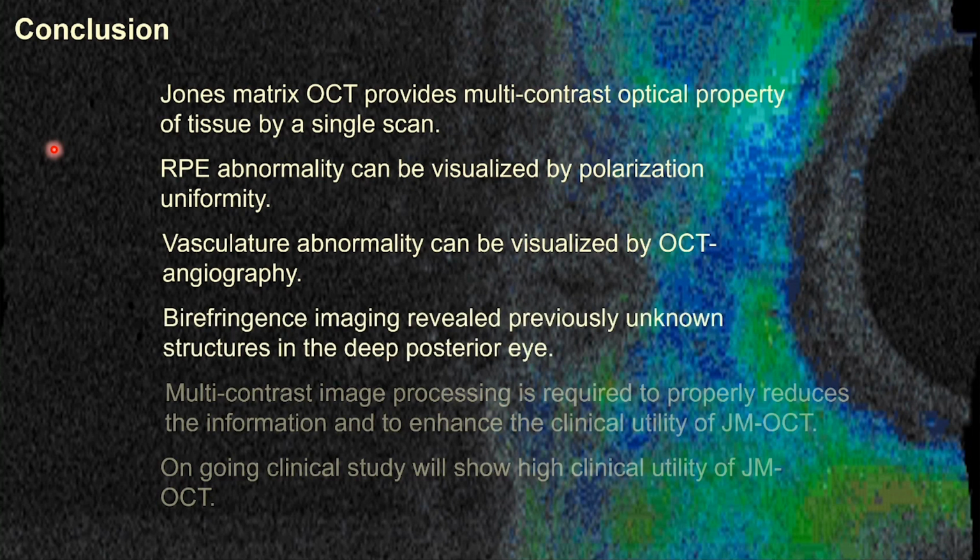Birefringence imaging can reveal previously unknown structures in the deep posterior eye. In addition, the multi-contrast image processing enables direct tissue contrast by using Jones matrix OCT. The project itself is still ongoing, and maybe you can expect more and more interesting results in the future.